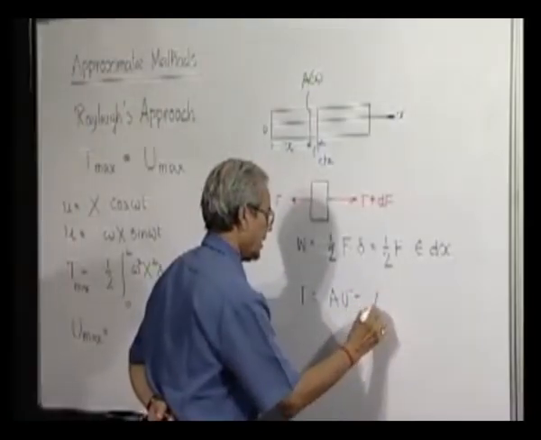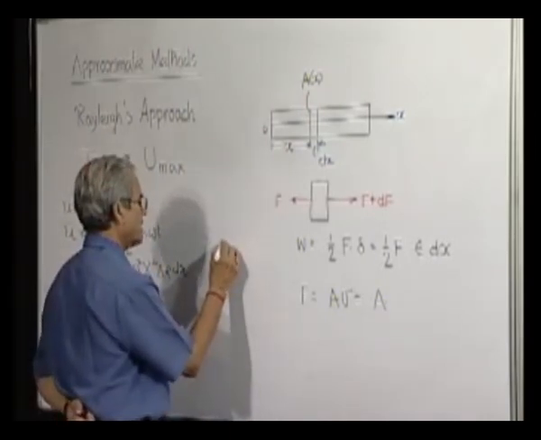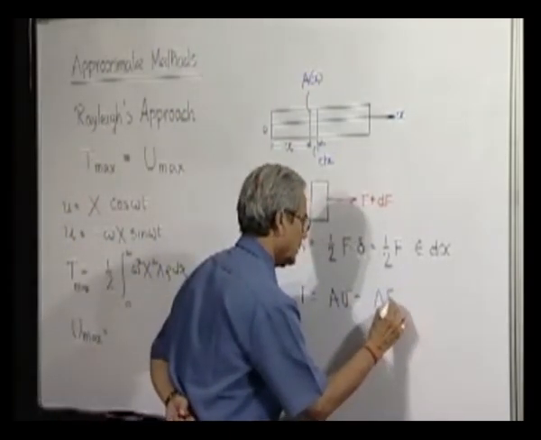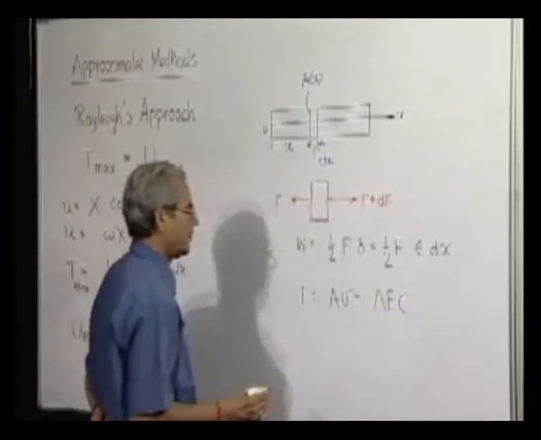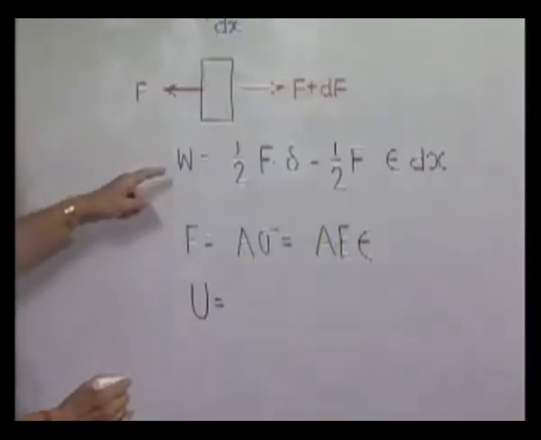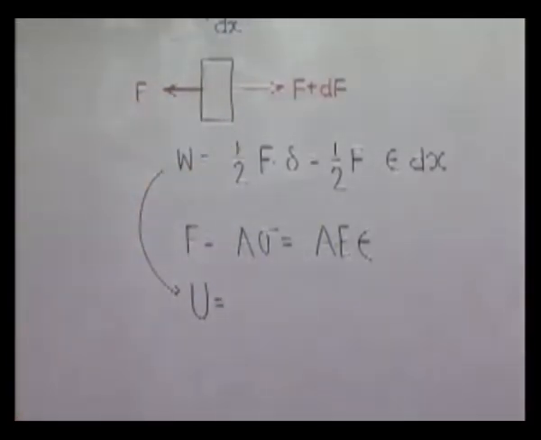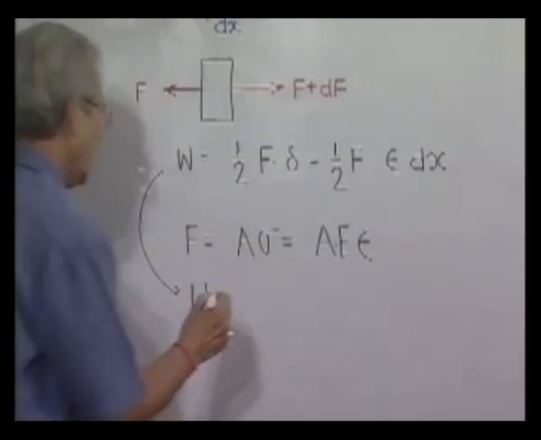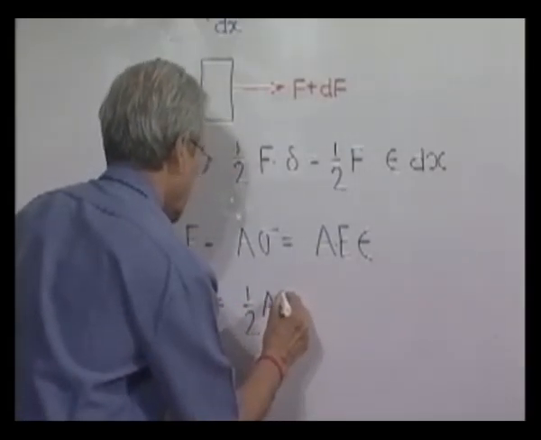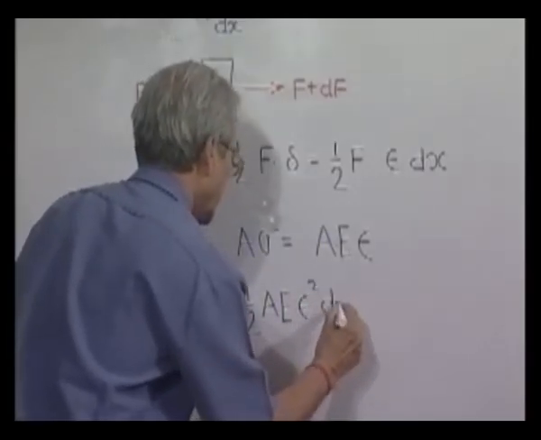So this is A into stress, and we know that stress by strain is equal to E. So stress is equal to E into strain. So work done or the energy, whatever you may say, this work done is nothing but the energy stored in the object in the form of strain energy. It is nothing but half A E into epsilon square dx.